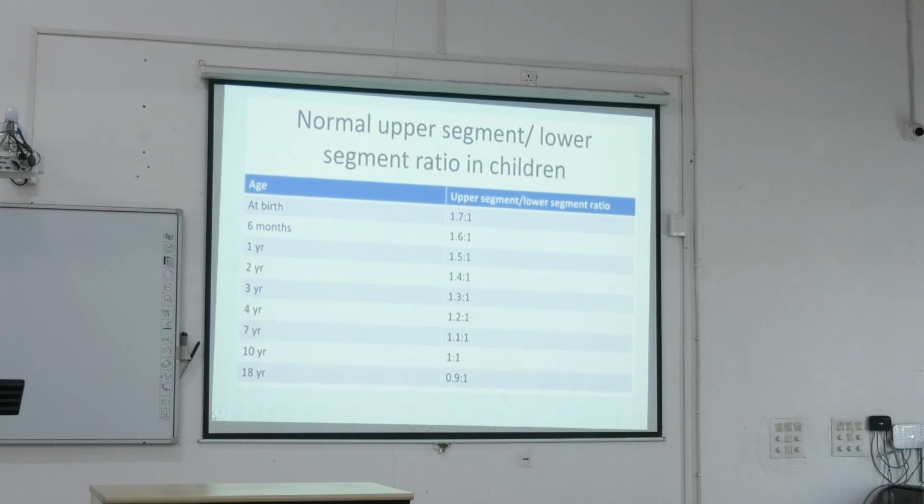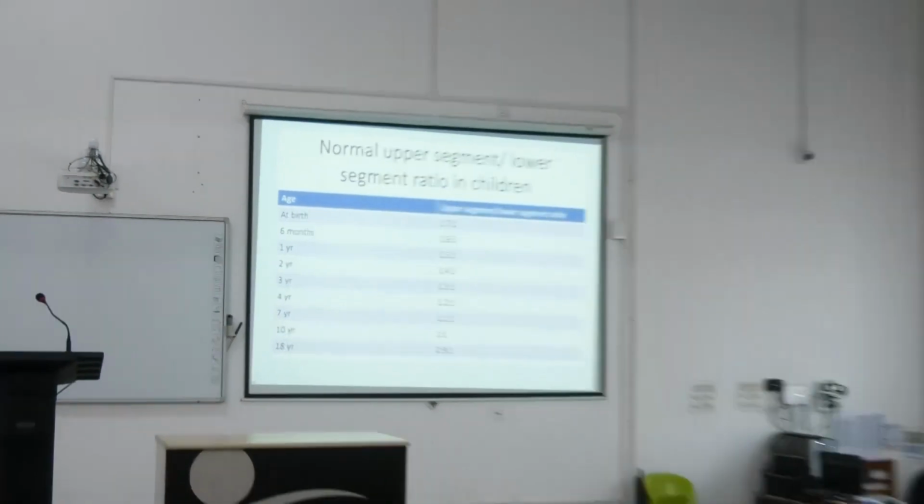At around 7 years, again the landmark, the arm span will be equal to height. Then gradually the arm span will increase while height remains the same. The arm span will be up to 3 centimeters more than height in general. If it is more than 3 centimeters, then we think about other problems, like Marfan.